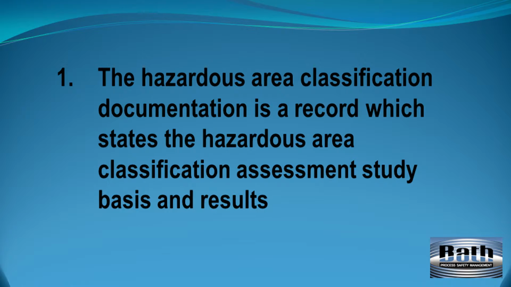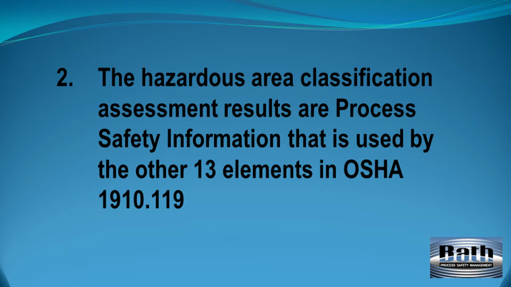This proves the requirement by OSHA has been met. Two, the hazardous area classification assessment results are process safety information and are used by the other 13 elements in the OSHA 1910.119 to meet their compliance requirements as well.